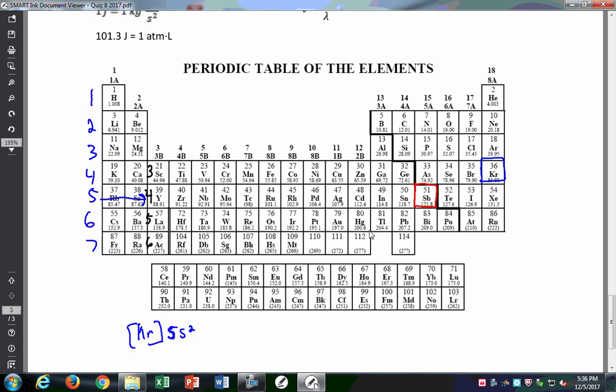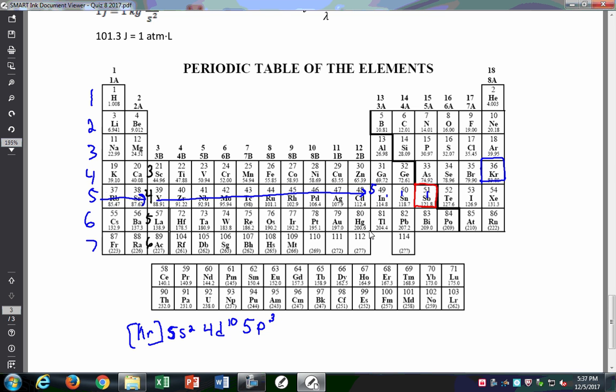And we go straight through our d. So that's our 4d, and of course there's 10 boxes, there's 10 electrons. And then we're back up to 5 here. It's only the d that's n minus 1. And then that's of course our p, and we have 1, 2, 3 boxes, so 5p3. So that's our configuration, starting with krypton, and then 5s2, 4d10, 5p3.